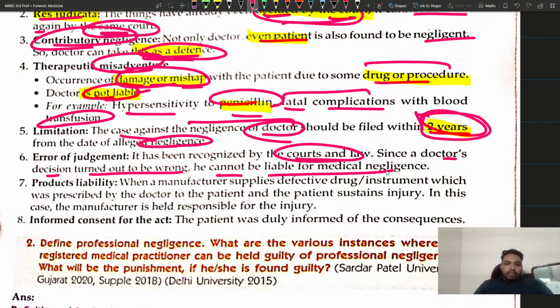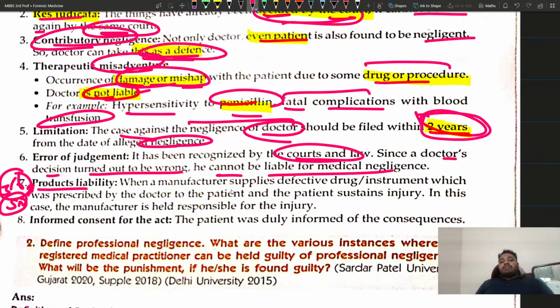Then you are not liable. Here, product liability applies. Sometimes a 3 or 6 marks short note can be asked from this. I think at my time there was one short note on product liability. So it's important.